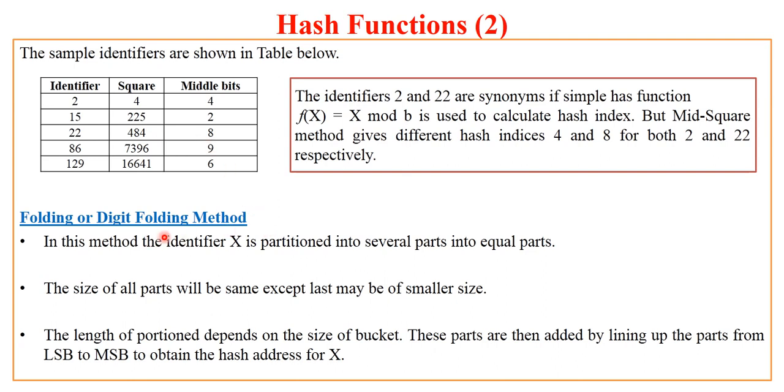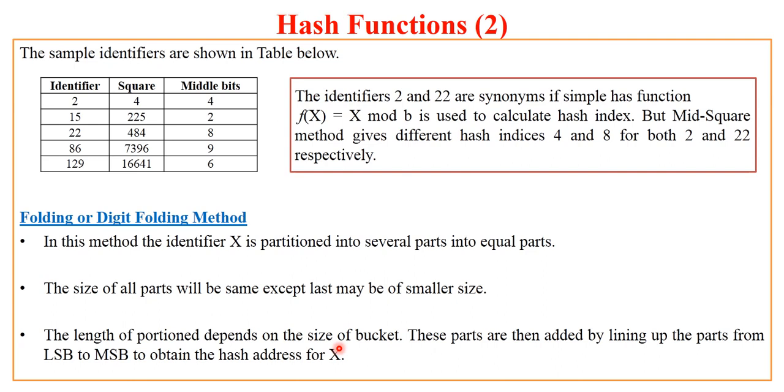Now the next method is the folding or digit folding method. In this we take an identifier and divide it into small equal parts. Perhaps it may happen that, because of the size of the identifier, the last part might be of smaller size and the remaining parts will be of equal size. Now the length of the partition depends on the size of the bucket.